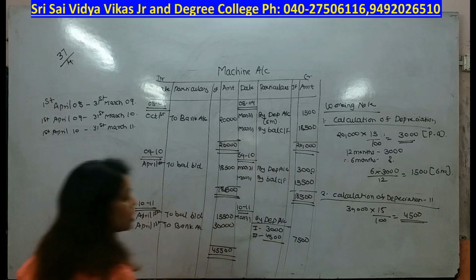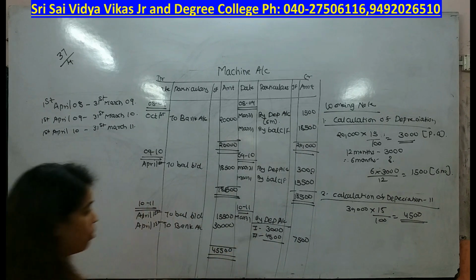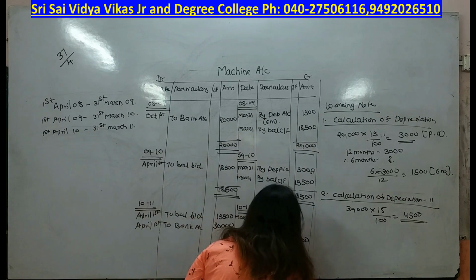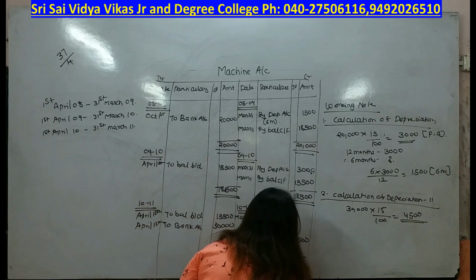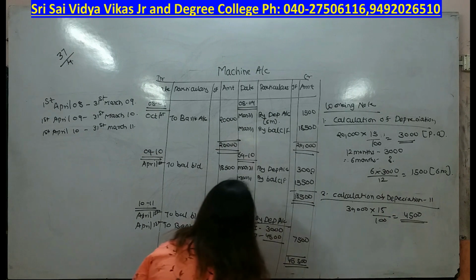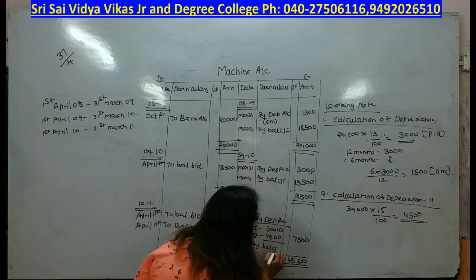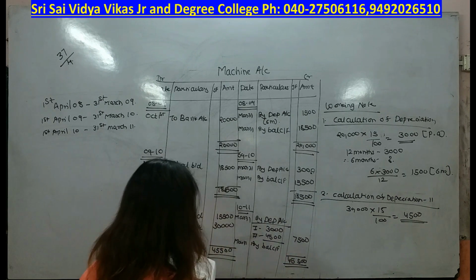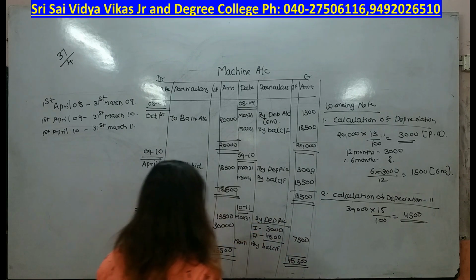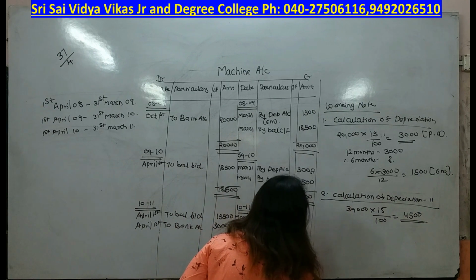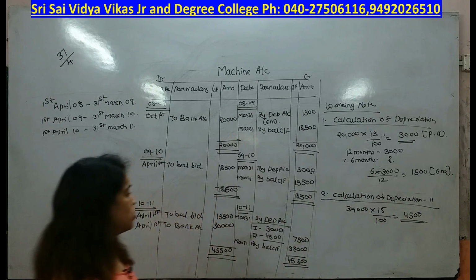Now students, see here, 45,500 was the total value of the machine at the beginning of the year. After use for a year, on March 31st by balance carried forward, the value will become 45,500 minus 7,500, which is 38,000.